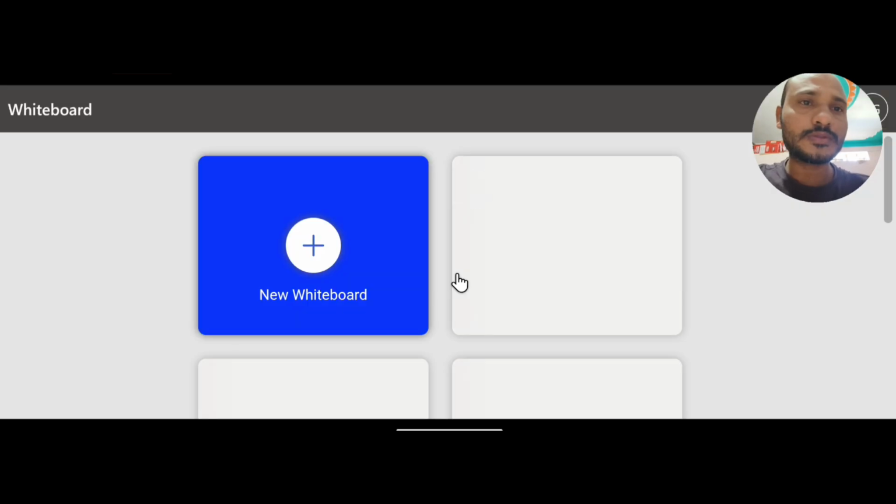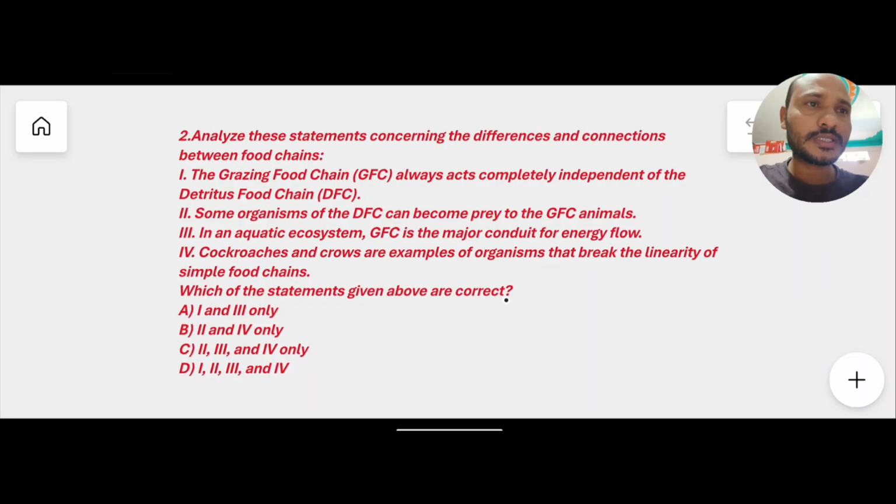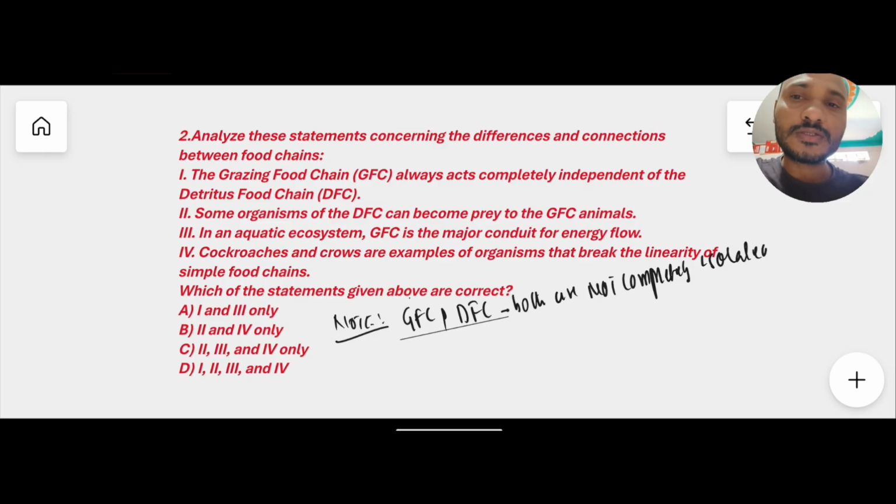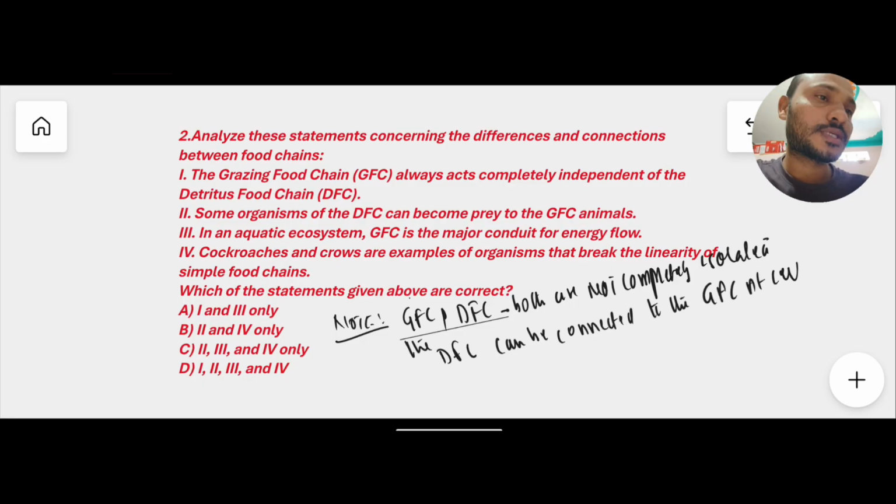One more MCQ. Analyze these statements considering the difference and connection between food chains. It asks about both the grazing food chain and DFC. Sorry, I forgot one important note. GFC and DFC are not completely isolated. The detritus food chain can be connected to the grazing food chain at a certain level.